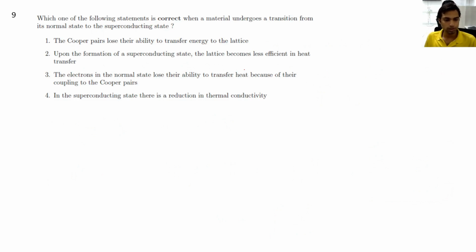Which one of the following statements is correct when a material undergoes a transition from its normal state to its superconducting state? The Cooper pairs lose their ability to transfer energy to the lattice.